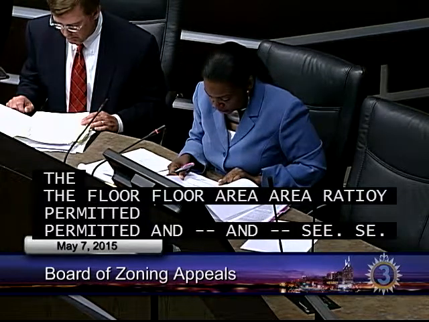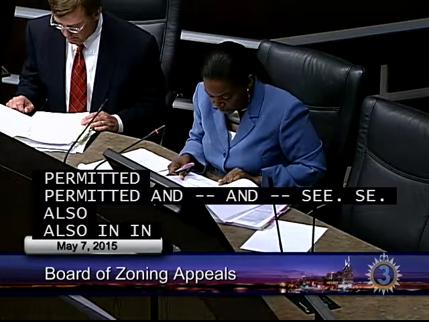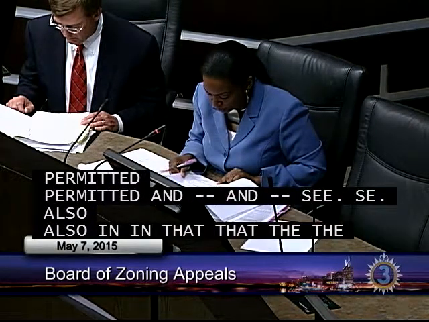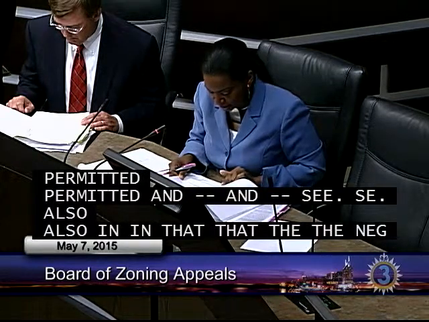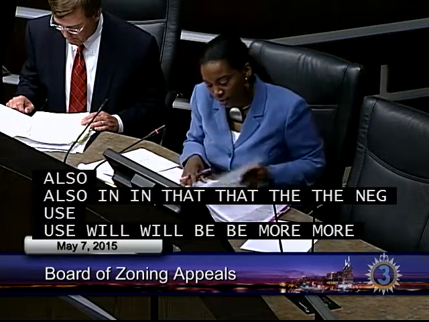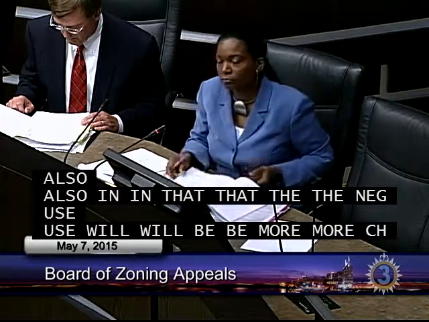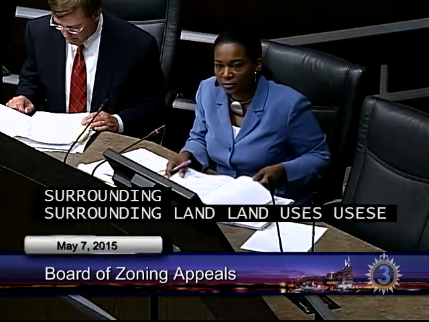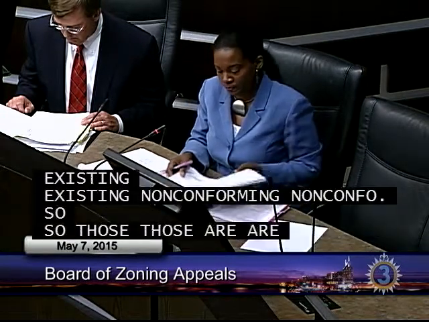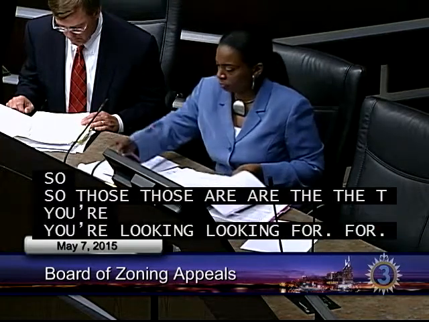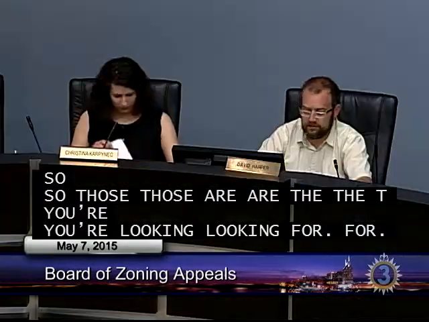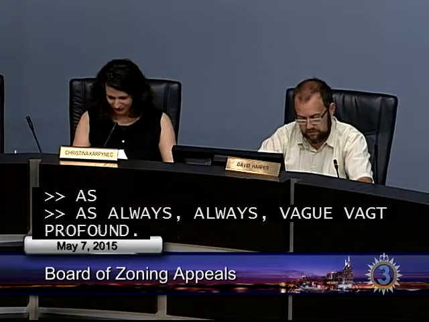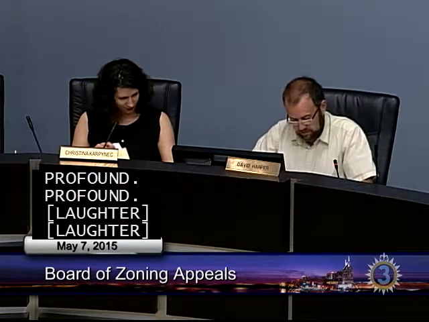Also, that the new non-conforming use will be more compatible with surrounding land uses than the existing non-conforming use. So those are the things that you're looking for. As always, vague but profound. Thank you.